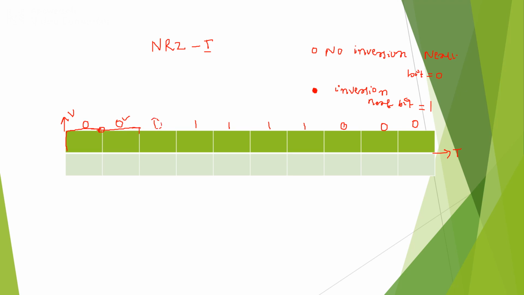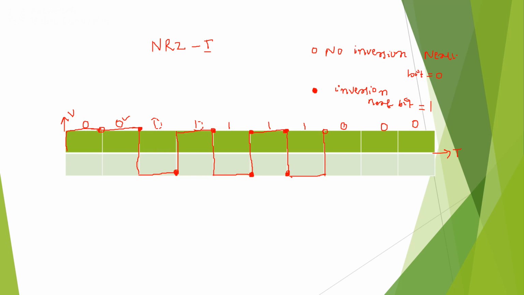Next bit is 1, invert the signal. Once again, next bit is 1, inversion takes place. Next bit is 1, inversion. Next bit is 1, inversion. Next bit is 1, inversion. Next bit is 1, inversion. Next bit is 0.